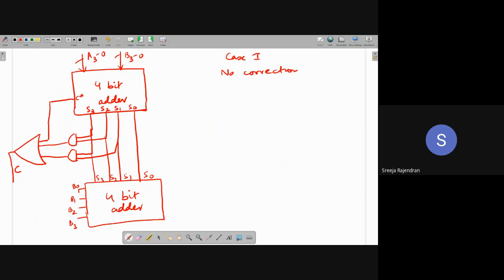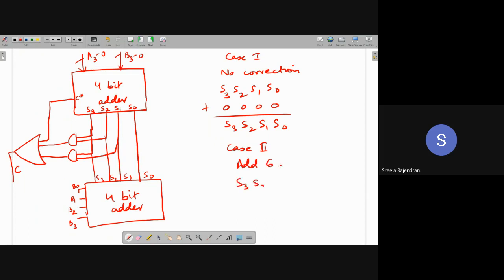In that case, I do S3, S2, S1, S0 plus 0, 0, 0, 0. It stays the same, so I get S3, S2, S1, S0. The next case, case 2, I have to add 6. So that becomes S3, S2, S1, S0, and I add 0, 1, 1, 0.